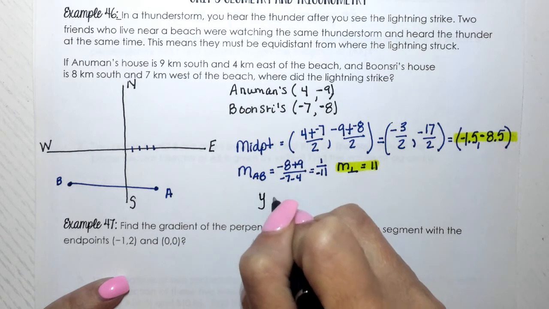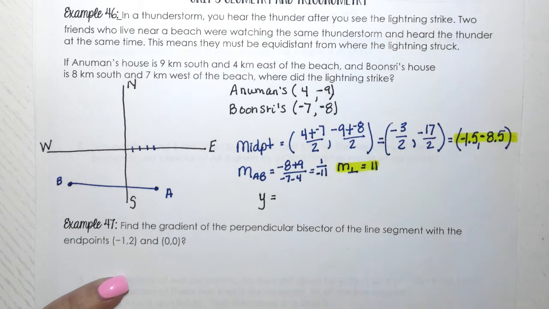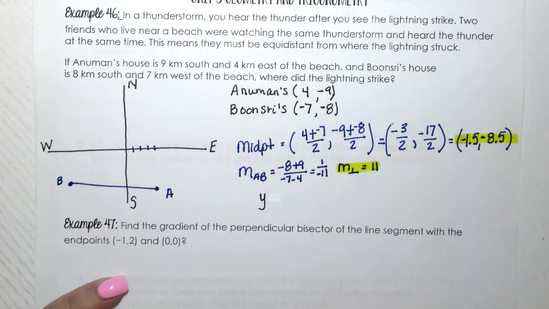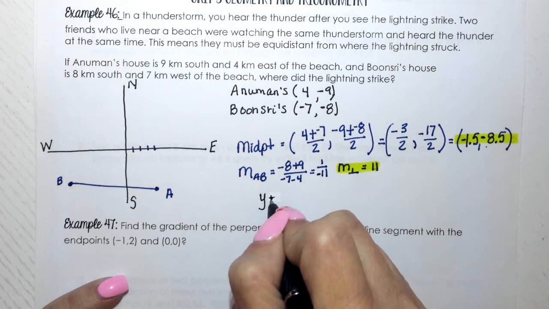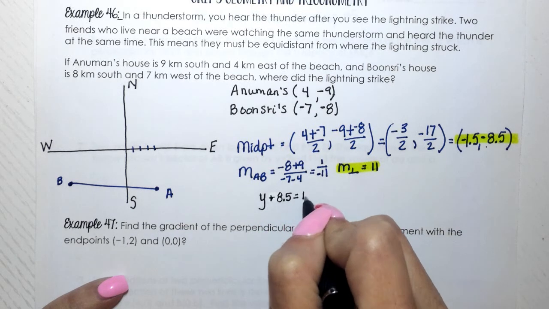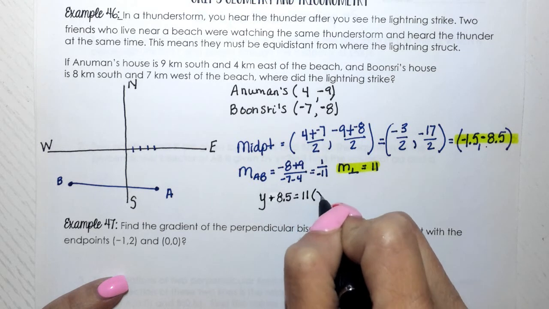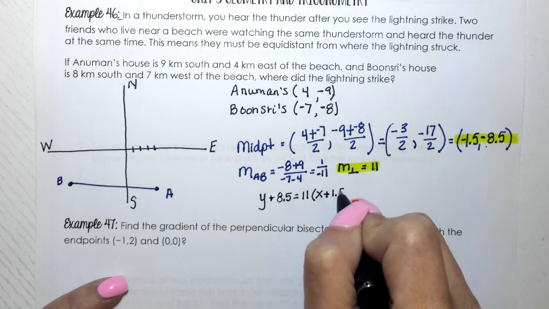So y minus negative, I'm going to make that positive, 8.5 equals 11 times x minus a negative 1.5.